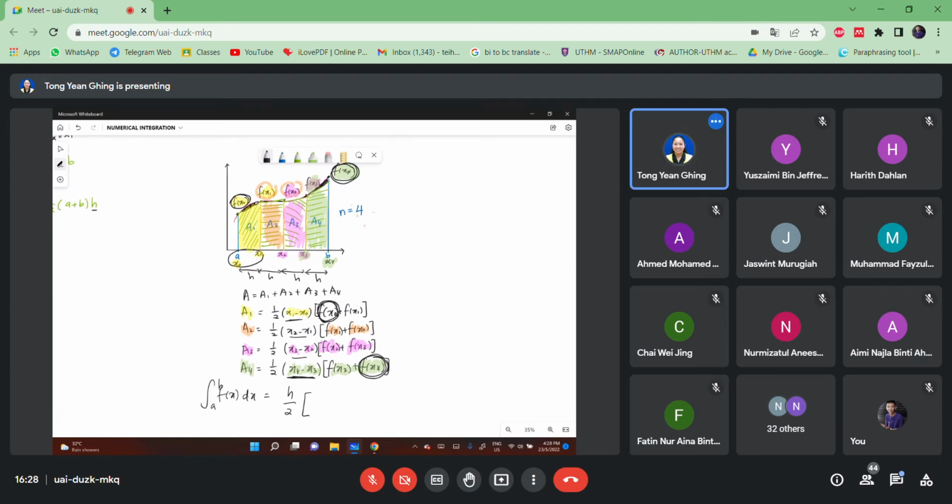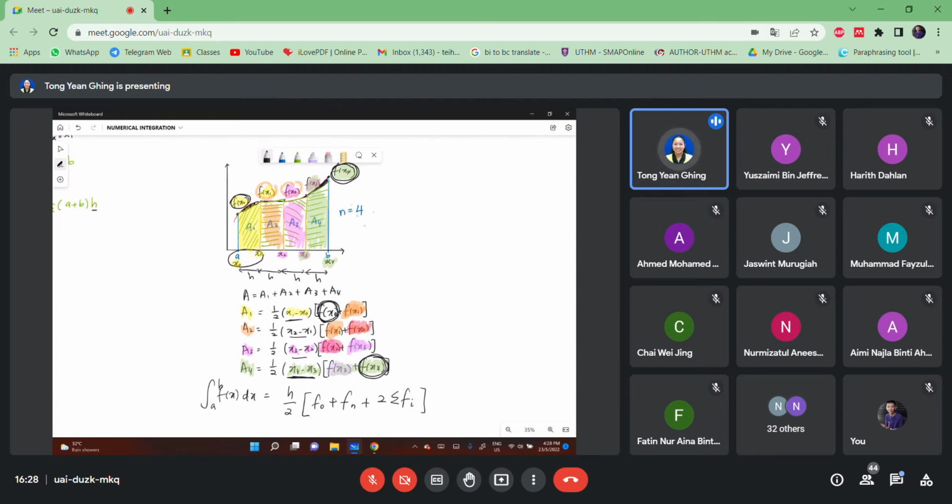But the others, Fx1, Fx2 and Fx3, appear twice. So the formula is like this: F0, the first one, times 1, plus Fn, the last one, plus 2 times the summation of Fi.